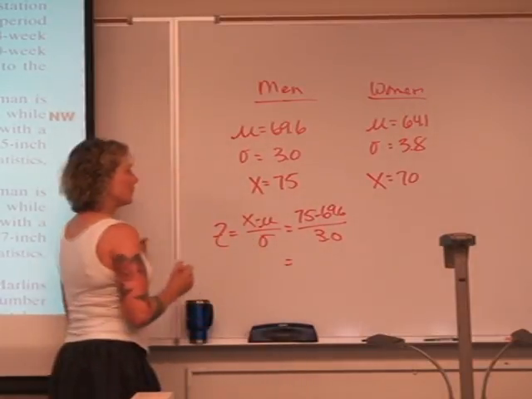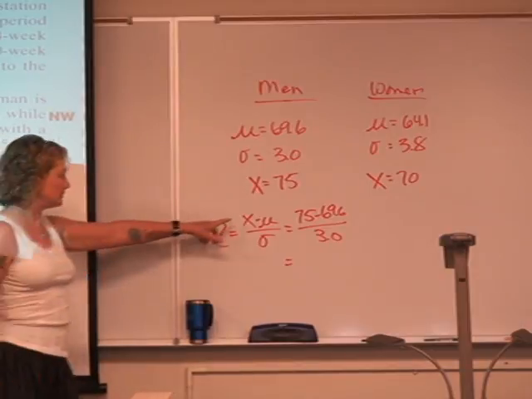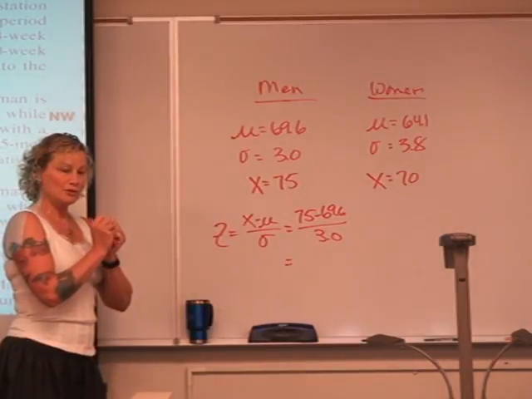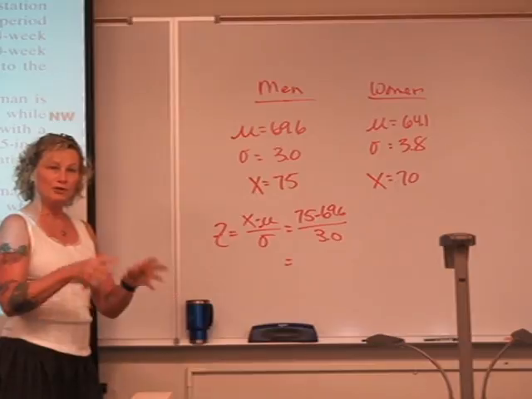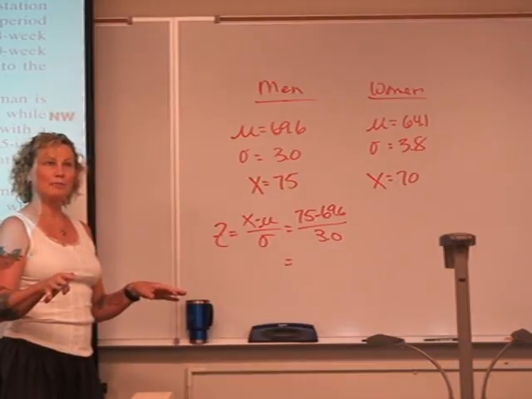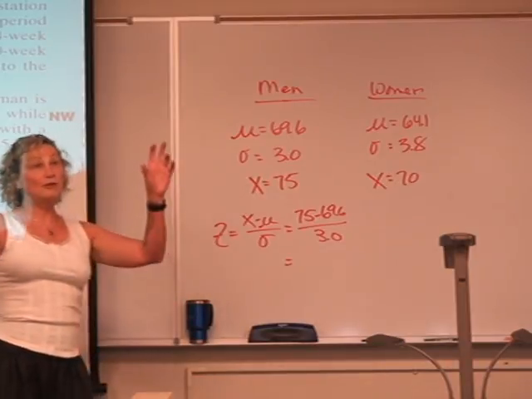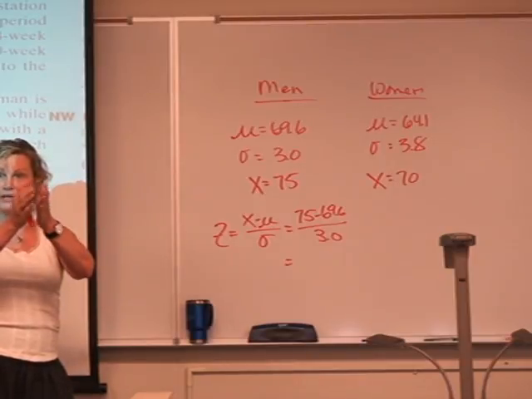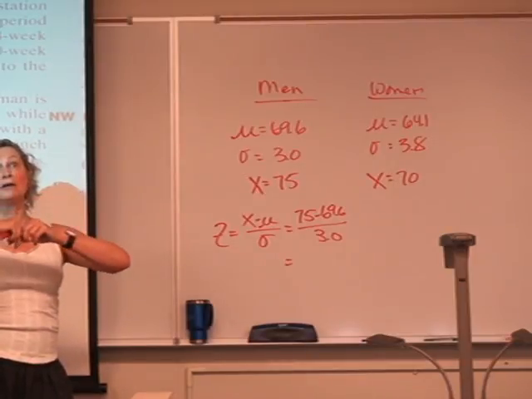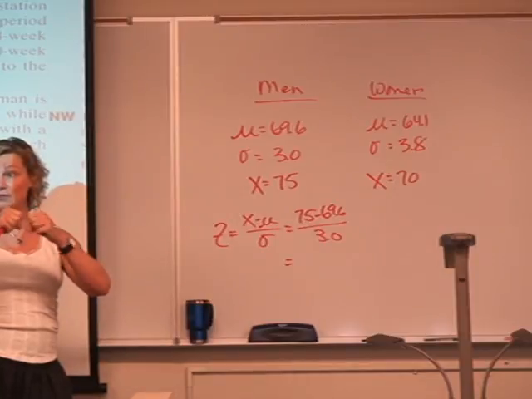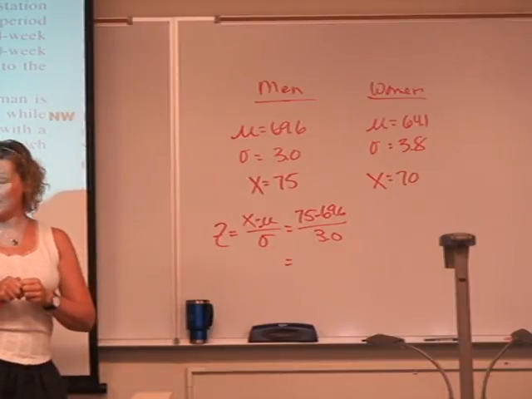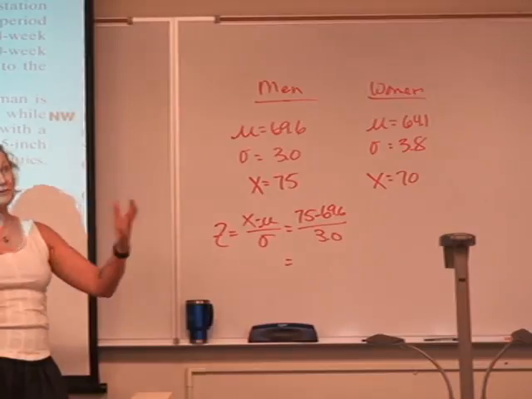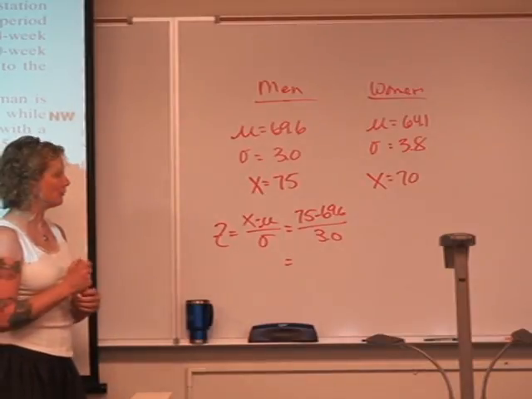So when you z-score a data value, you're stripping off the units. You're taking values from different distributions and making them comparable in a like or same distribution. And that is how many standard deviations that value is above or below the mean.